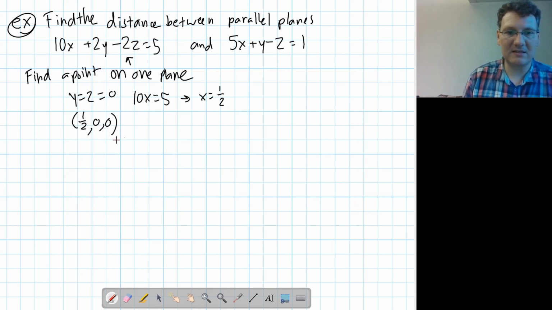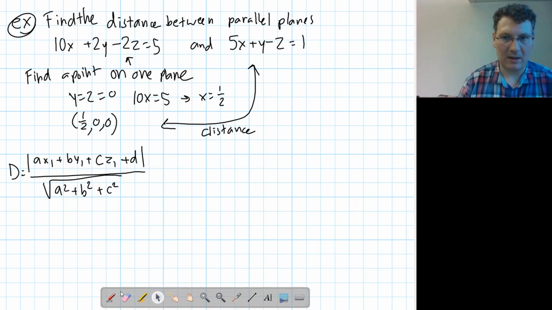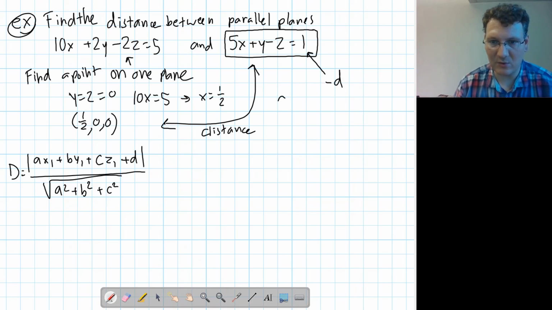And then to find the distance between that point and this other plane, we're going to use the equation that we just solved for. Now remember, when we write out the equation like this, this over here would be negative d, because we had the equation ax plus by plus cz plus d equals 0.